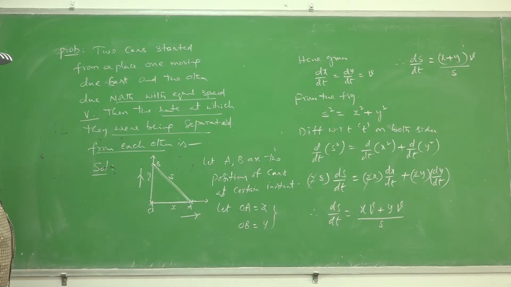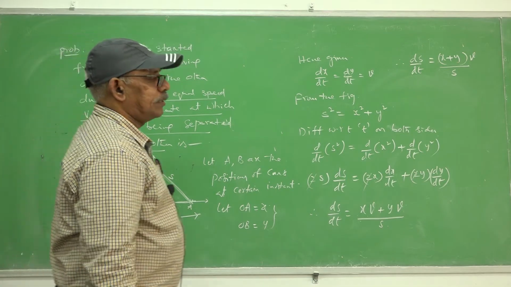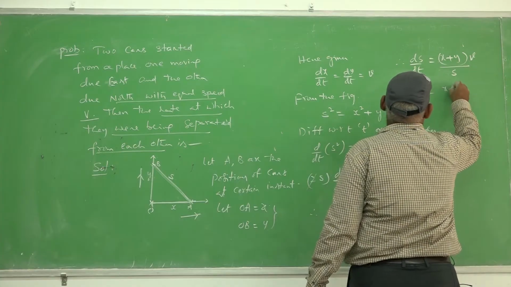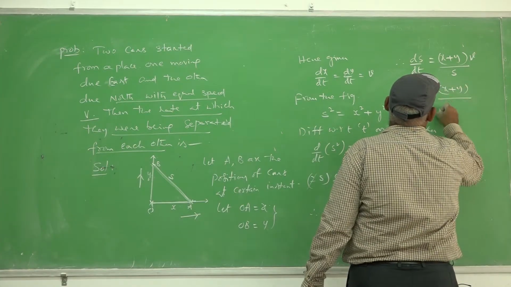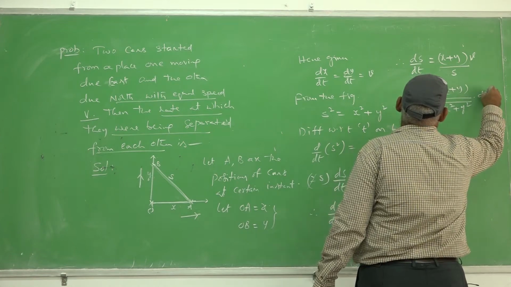So the cars are separated at the rate of x plus y into v by s, where s is the square root of x square plus y square.